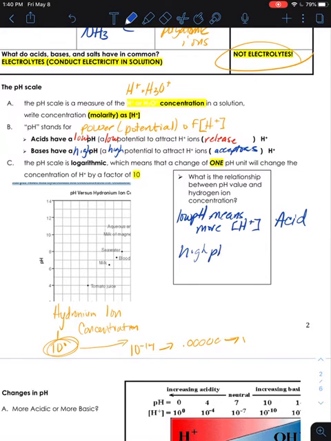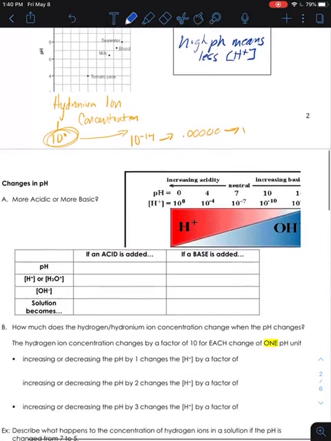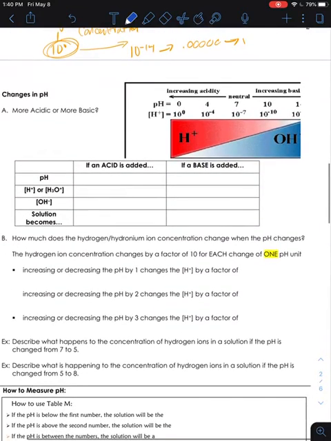High pH means less hydrogen ions. So let's just take a look at that. Just talking about hydrogen ions, we can see the larger amount is here.